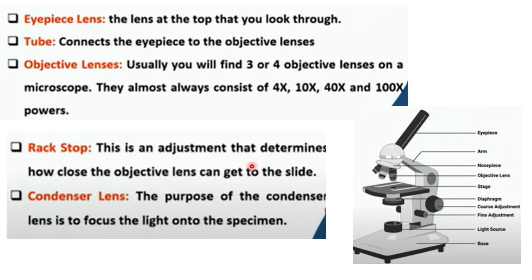We have already discussed that there are different components in optical microscopy. There is the eyepiece lens at the top, from where you look at the material you want to check, and there is the objective lens, and you can incorporate more than one, three, four objective lenses with your optical microscope to get higher magnification or to visualize finer material.